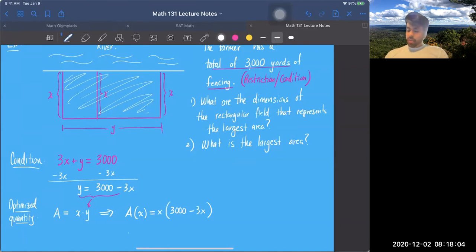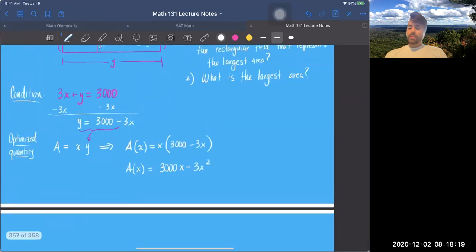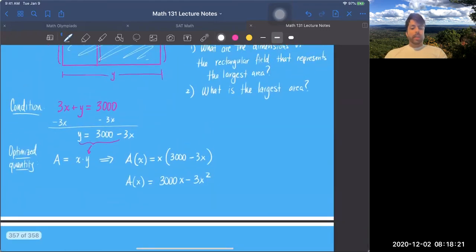And then I can distribute, and I get 3,000x minus 3x squared. Do you guys see this? It becomes very similar now, right? Do you see the structure behind this, the pattern? So this is the quantity that I want to maximize.